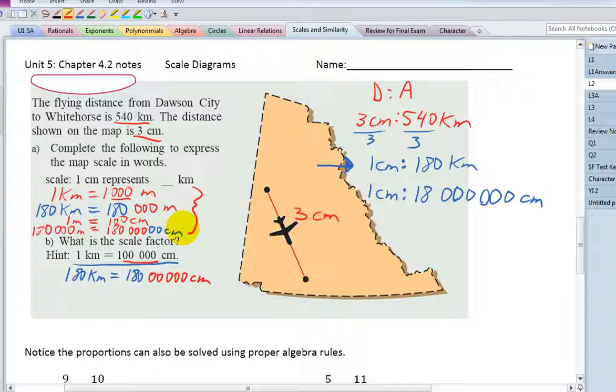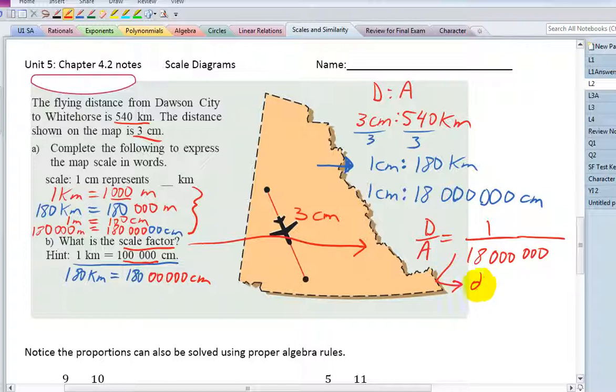Okay. Good. Now scale factor. For the scale factor, you're going to go diagram over actual. So it's going to be 1 over 18 million. That's what your scale factor is. Now, your textbook will actually get you to divide to a decimal. However, this is such a small number, they use scientific notation.